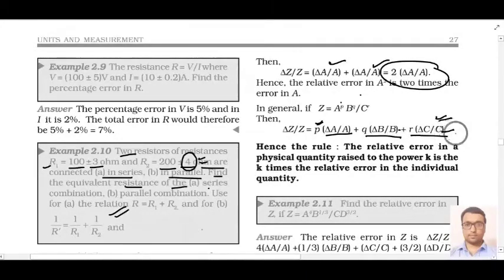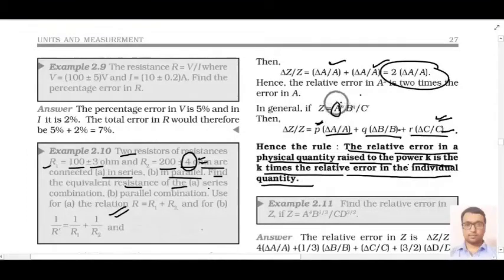Because we have to find the maximum error. So what is the rule? The rule is that the relative error in a physical quantity raised to the power k is k times the relative error in the individual quantity. Like here a was the individual quantity and our answer is p times the error in that individual quantity.